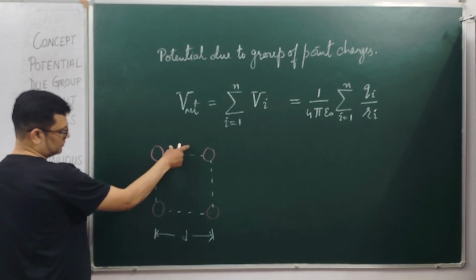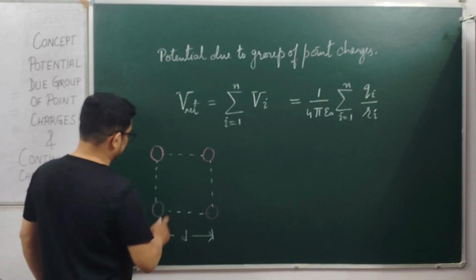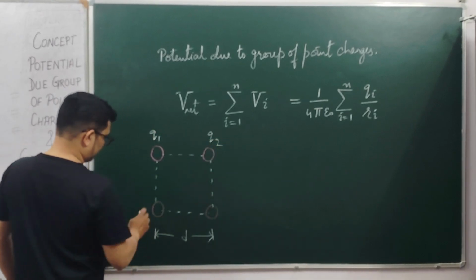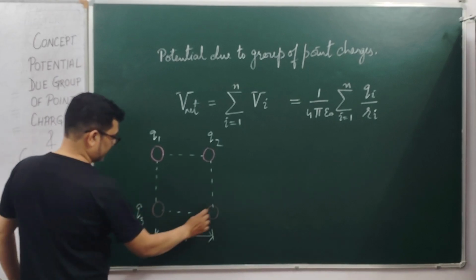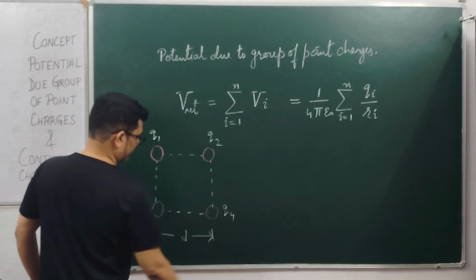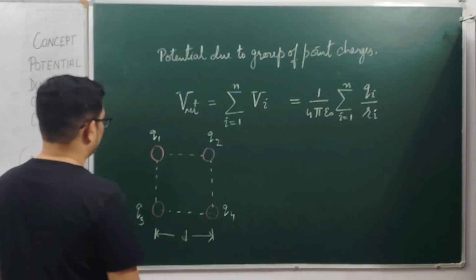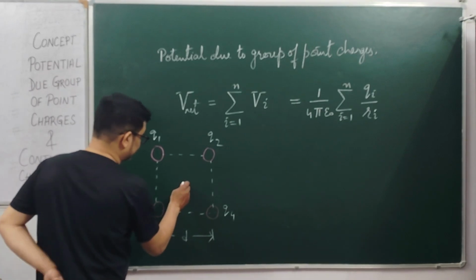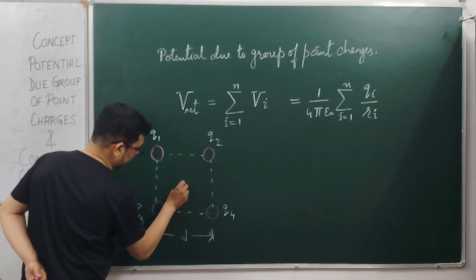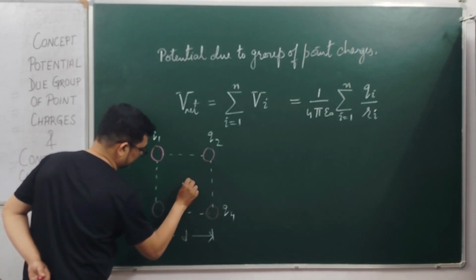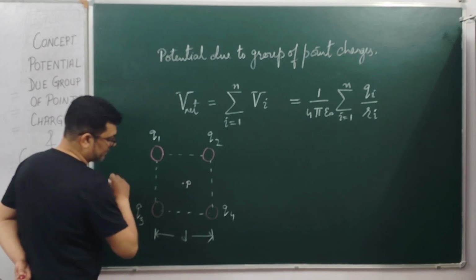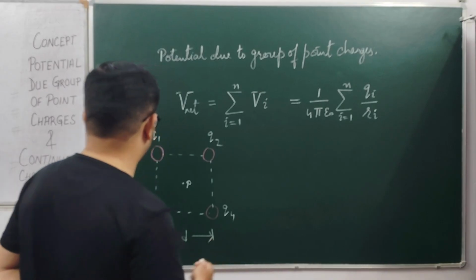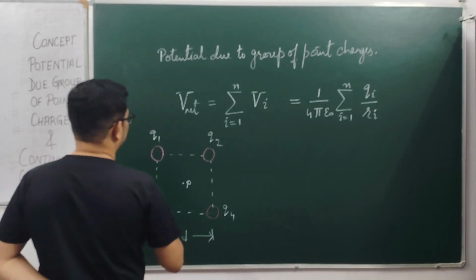So all of those distances are d, and suppose this is q1, this is q2, this is q3, and this is q4. And we want to find the net potential here at the center, which is P. We are interested to find what is the net potential at P. What should be the approach? And we'll give the values.